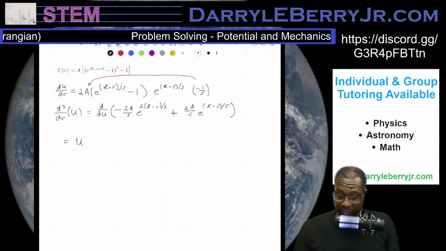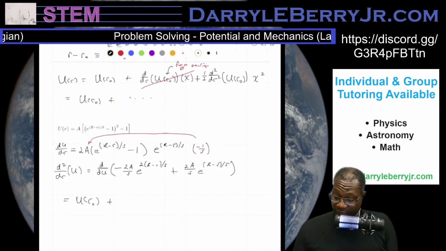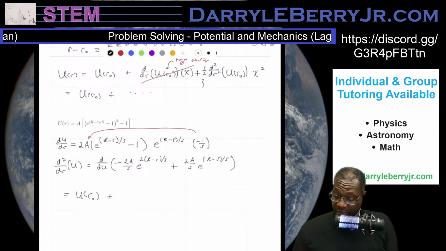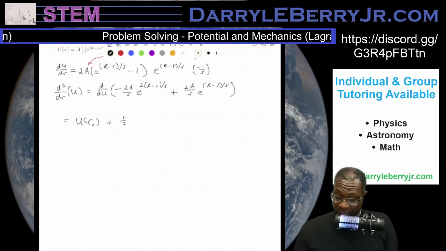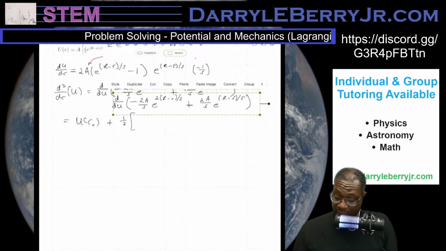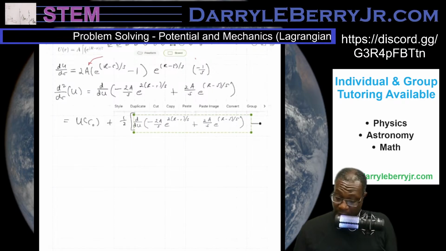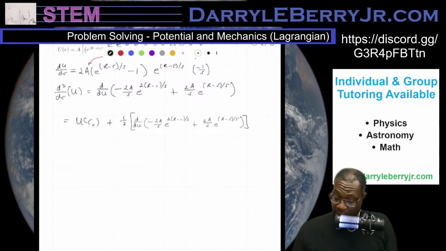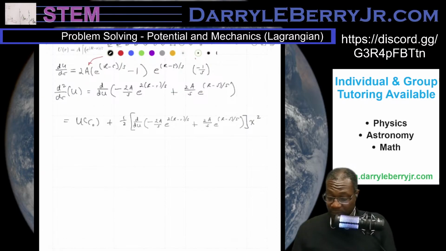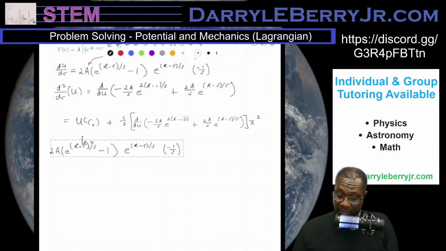So this equals u r naught plus, so the 1/2 is just going to be there. So 1/2 this x squared. So that means that a equals that.